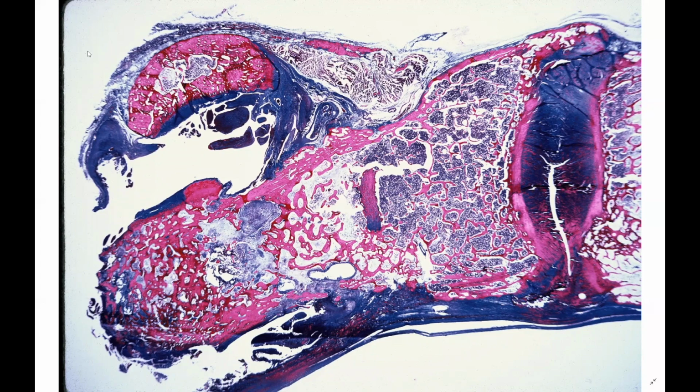First of all, the articulation of the axis with the atlas is a true synovial joint. And look at the hypertrophic villous synovitis. You can see it on the other side too.